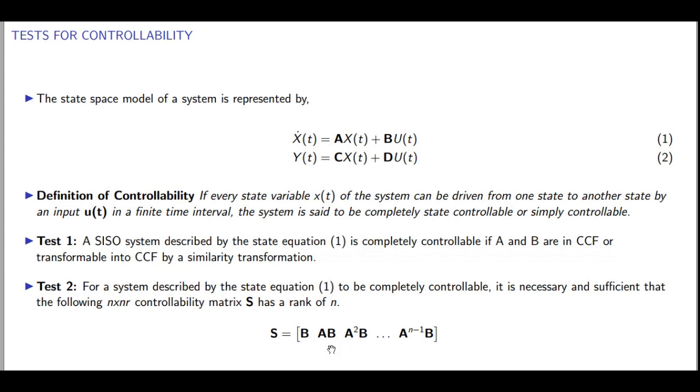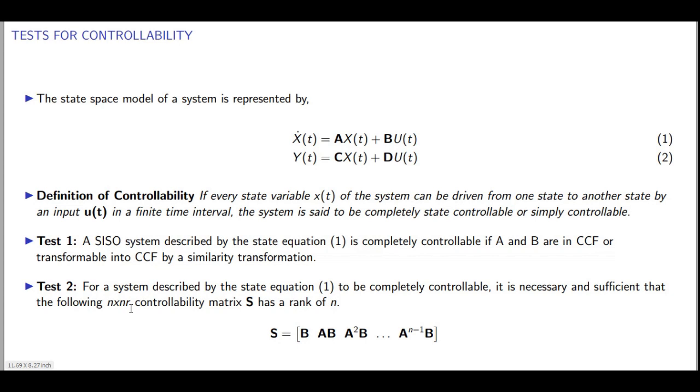Otherwise, I can say that in 3 into 2, 3 is the number of states and 2 is the number of inputs. Therefore, the number of columns is n into r. That is why this matrix is a rectangular matrix, of order n cross nr.